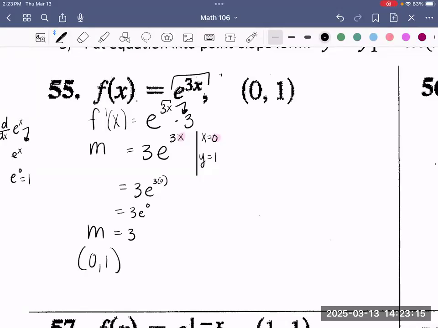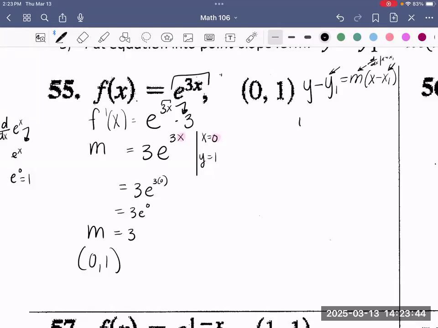Now, when it comes to your equation, they might put it into slope-intercept form, or they might put it into point-slope form. I believe they put it into point-slope form, so that's what I'll do. So point-slope form is y minus y1 is equal to m times (x minus x1), where x1 is your x coordinate and y1 is your y coordinate. And of course, m is your slope, this is your derivative at x1.